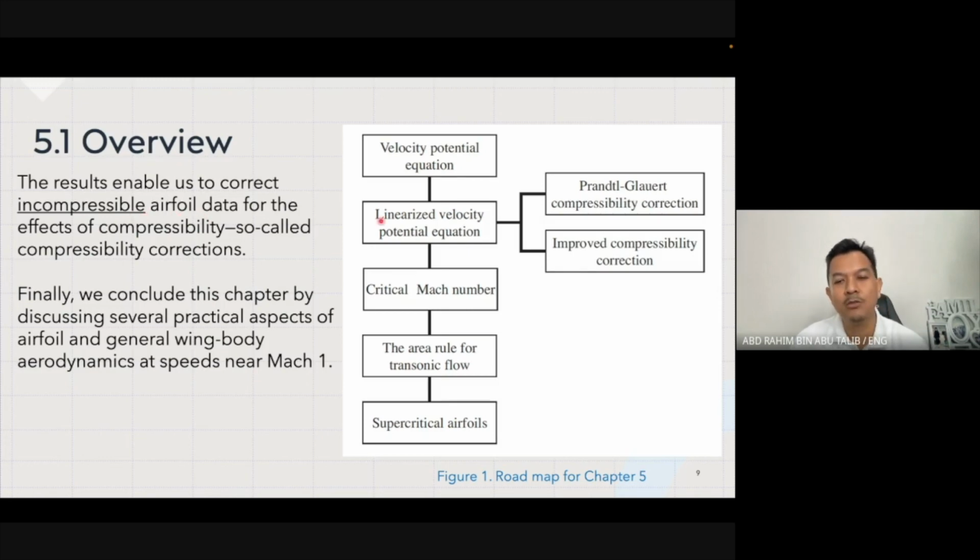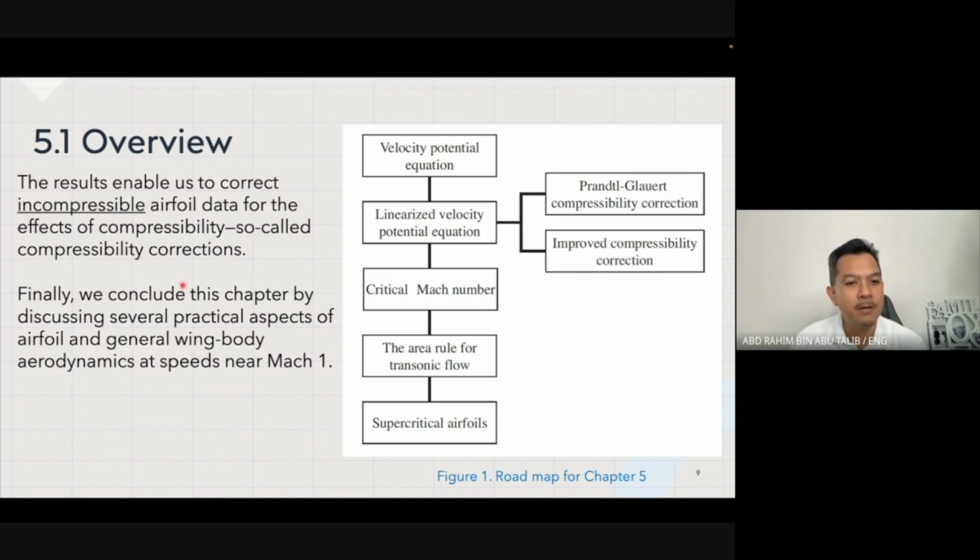Now we want to use the linearized velocity potential equation through the Prandtl-Glauert compressibility correction in order to solve compressible flows.